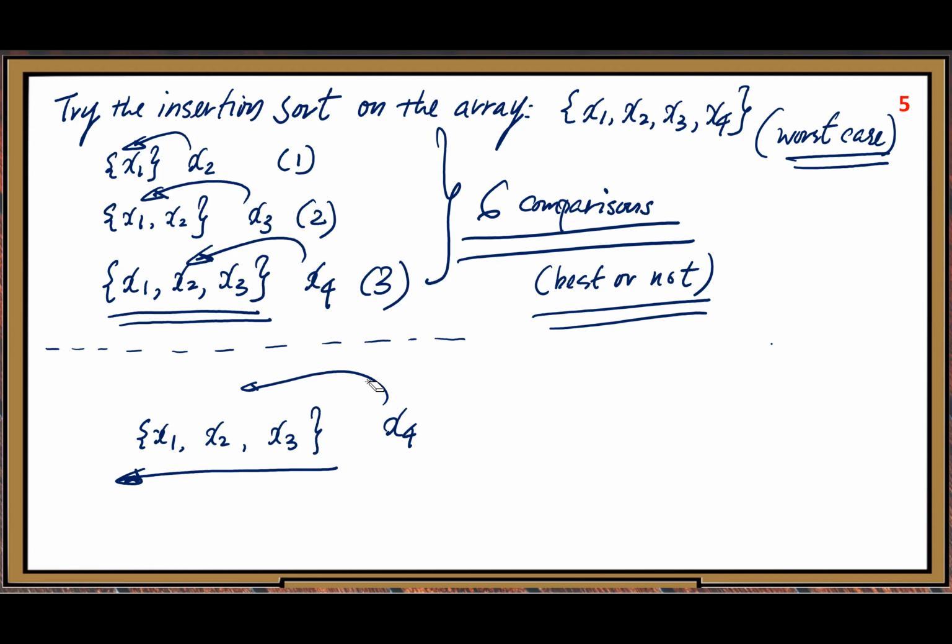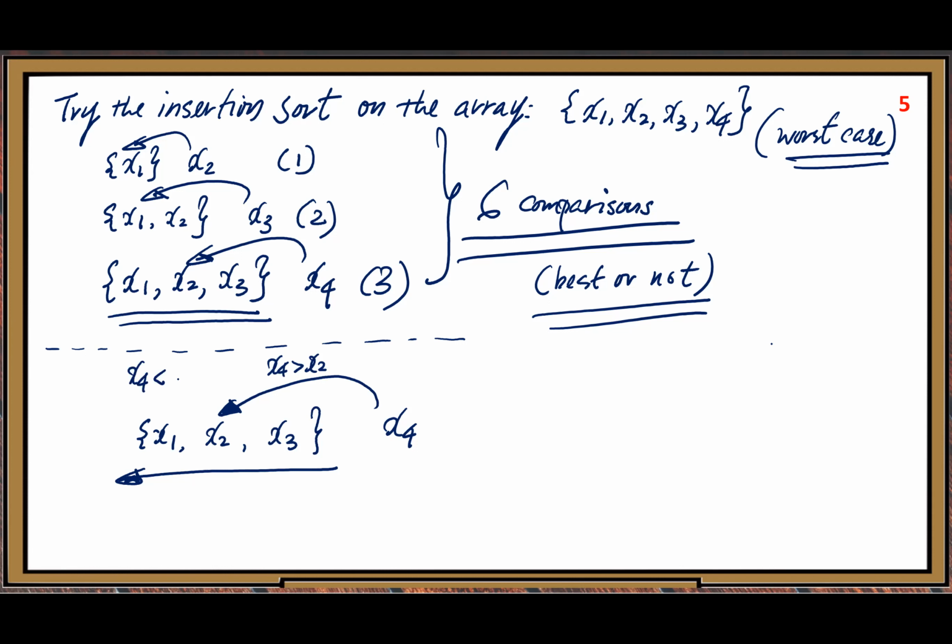If you connect to the binary search, when we do binary search, we compare X4 with the element in the middle. Then there are 2 possibilities: either X4 is greater than X2 or X4 is less than X2.